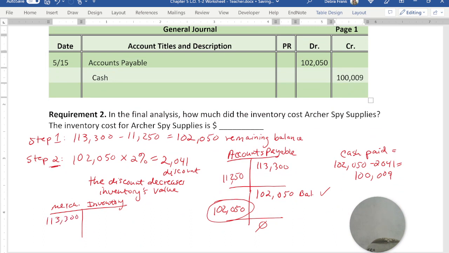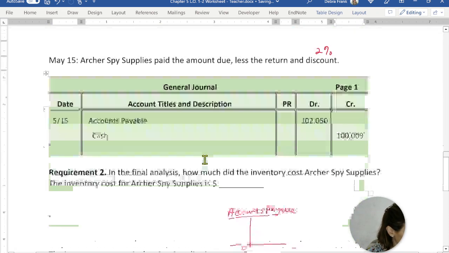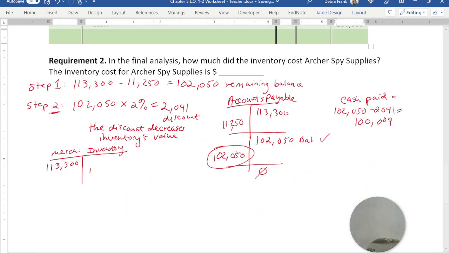And then we had the returns. The returns were 11,250, credit. And so my inventory is right now sitting at 102.50.